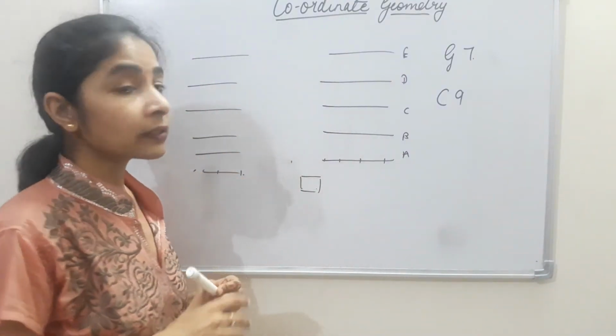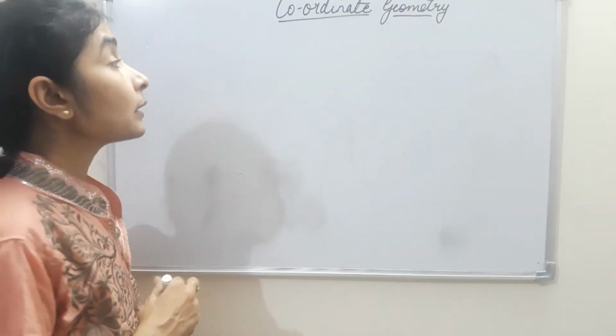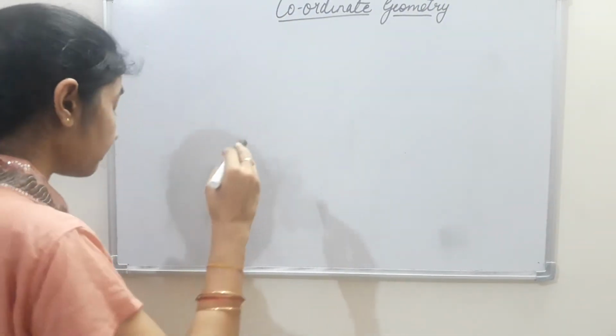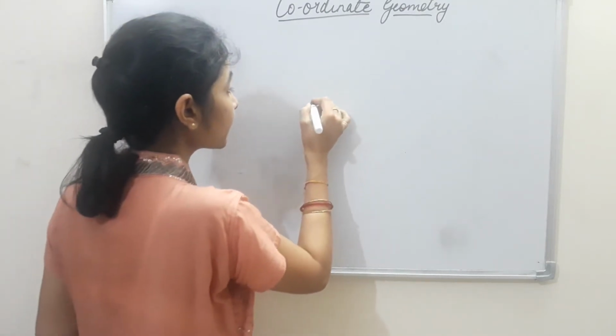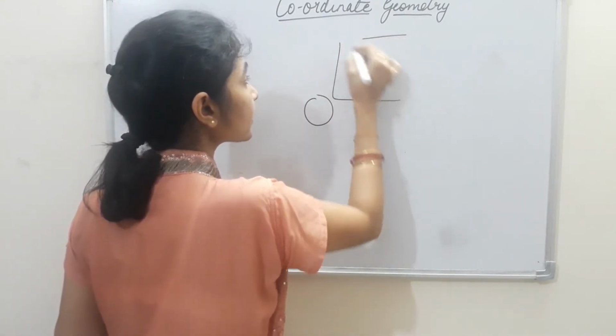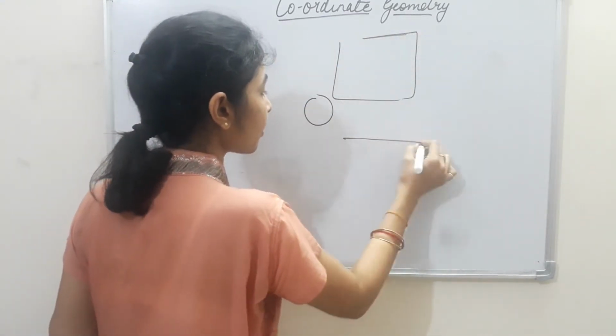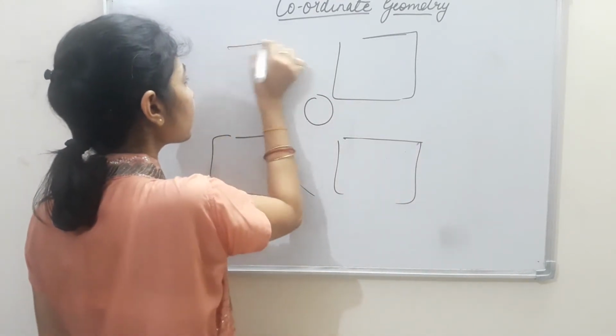Similarly, if someone tells you to find the location of your friend's house, suppose you are standing at the circle here, and there are houses here also. There is block 1 here, block 2 here, block 3 here, and block 4 somewhere.